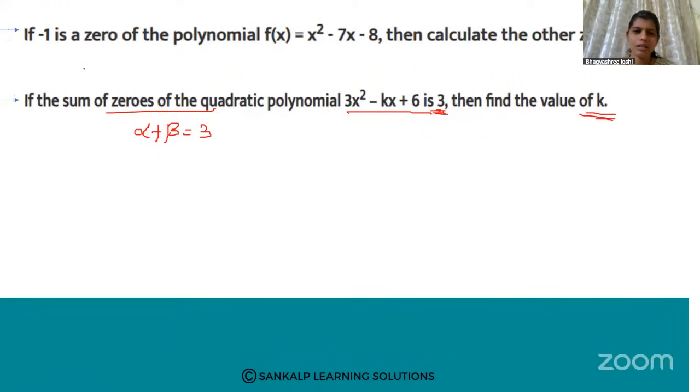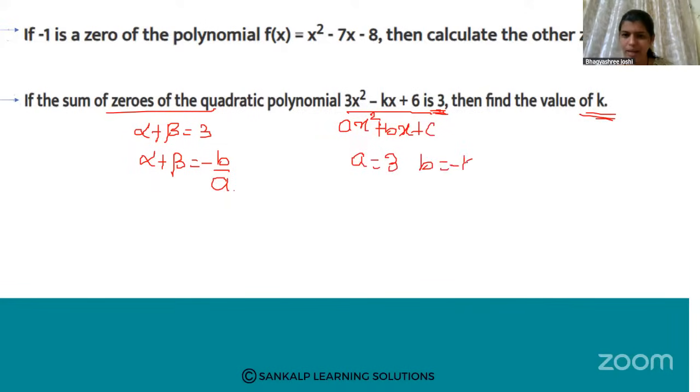We know sum of zeros is equal to minus b divided by a. So alpha plus beta equal to minus b by a. Now this is in the form of ax square plus bx plus c. A value is 3, b value is minus k and c value is 6. So alpha plus beta is 3 as given, minus b value is minus k.